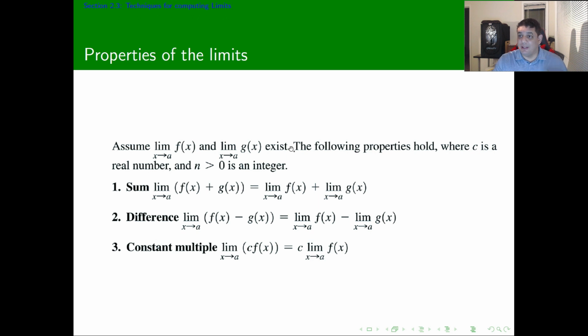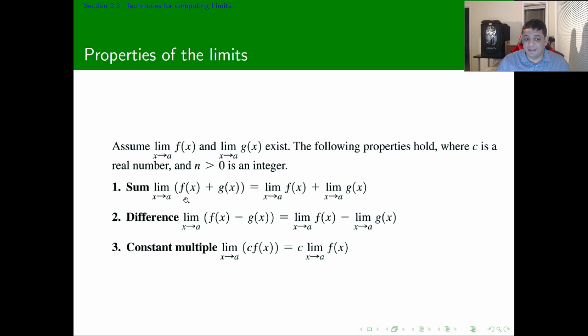Now with that we can do algebra in the limits. By doing algebra, I mean we can do sums, differences, multiplication, quotients, all that kind of stuff. So if we assume that the limit when x goes to a of f of x exists, and the limit when x goes to a of g of x exists, then we're going to have the following properties.